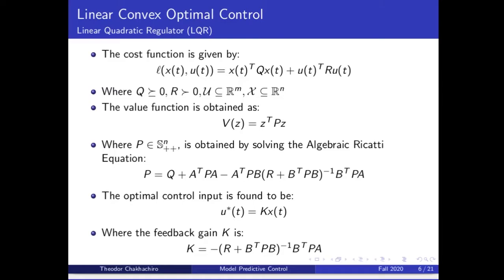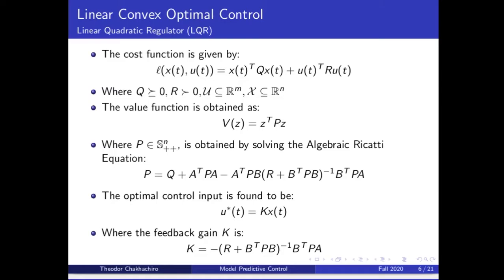So for example, if we have a state vector of 3, we can choose the first two elements in our diagonal matrix to be 10, 10, and the third one we can choose 1, and so we can play around with it depending on the problem that we want to solve. Now the value function is obtained as V of z equal to z transpose P z, where P is positive semi-definite and is obtained by solving the algebraic Riccati equation.